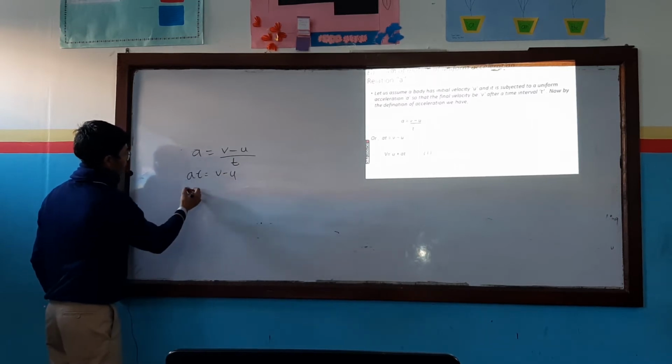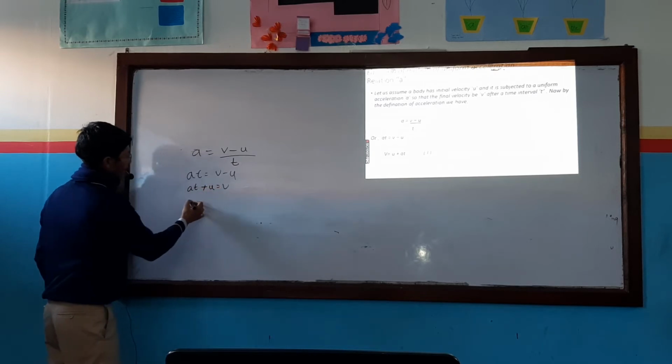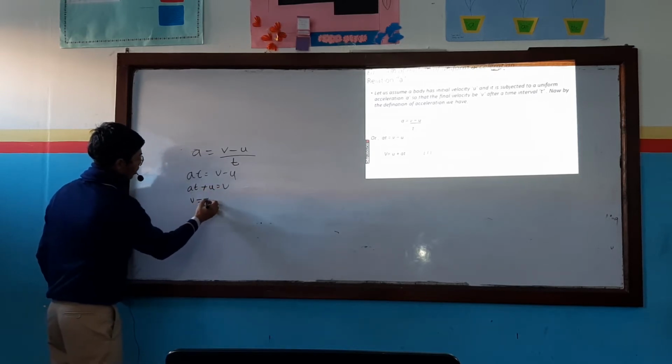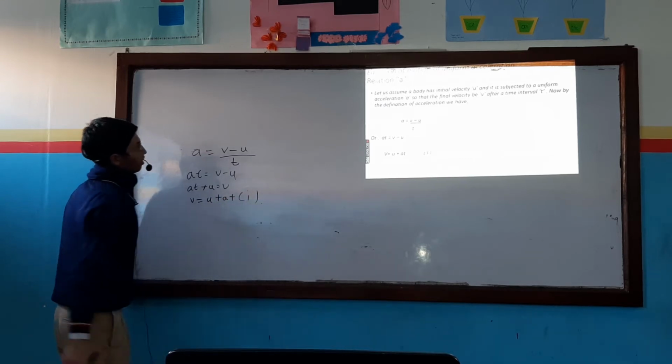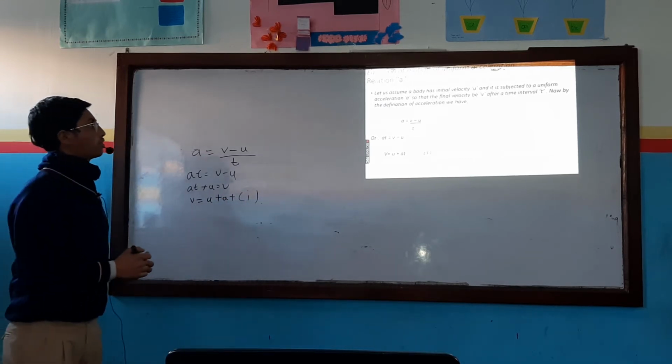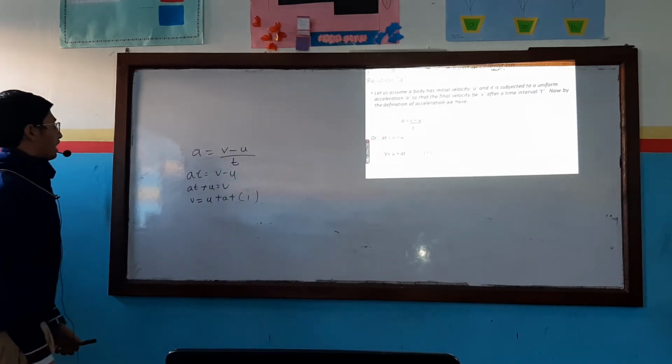Now we will bring this u also here, at plus u is equal to v. Now we have to rearrange this: v is equal to u plus at. This is the first equation of motion on a straight line.